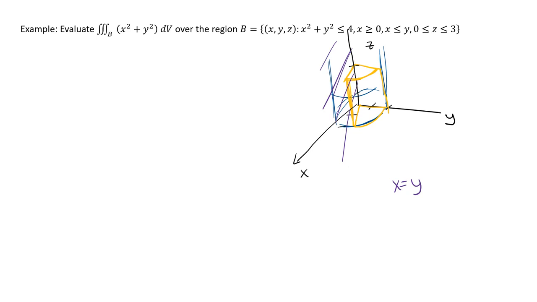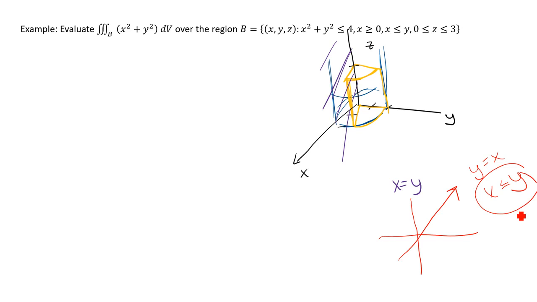Now, if it's saying x is less than or equal to y, which portion are we talking about? Let me just draw this in 2 dimensions to try to explain. So there's y equals x. Again, we're saying x is less than or equal to y. That's the inequality we're thinking about. And so to know which side of this line we're actually referring to with this inequality, the easiest way to do that is to just pick a test point, a random point that's not on that line.